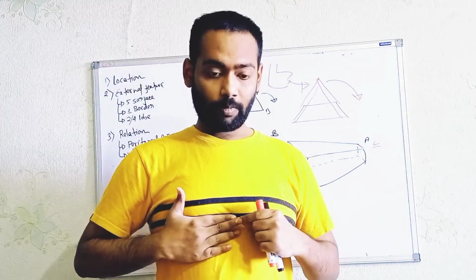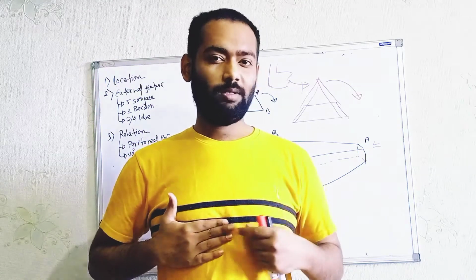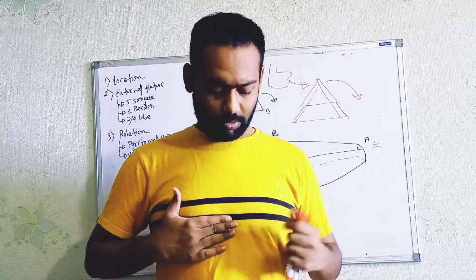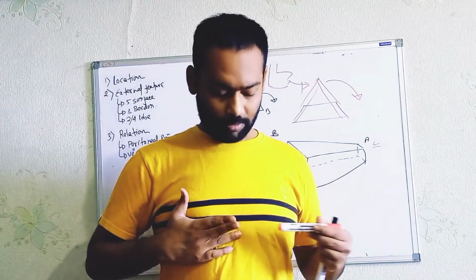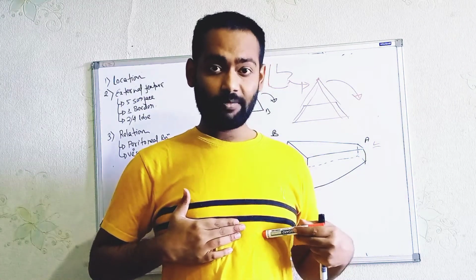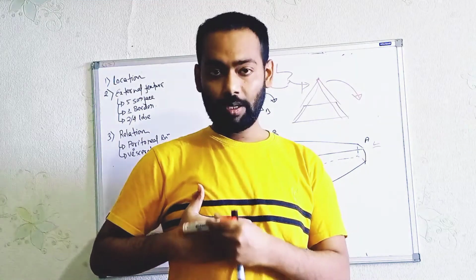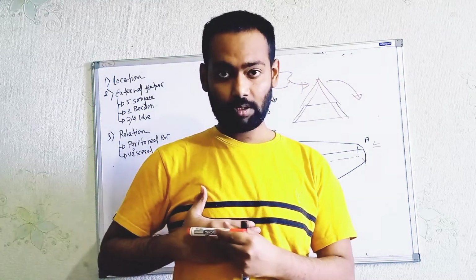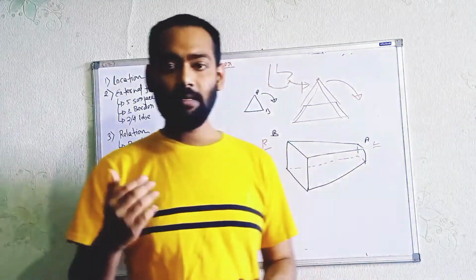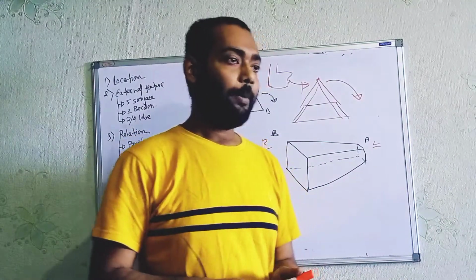This is the apex. I hope you can see my hand. So the apex is on the left side, and the broad area or this surface is our right side. So the base is on the right side and the apex is on the left side.